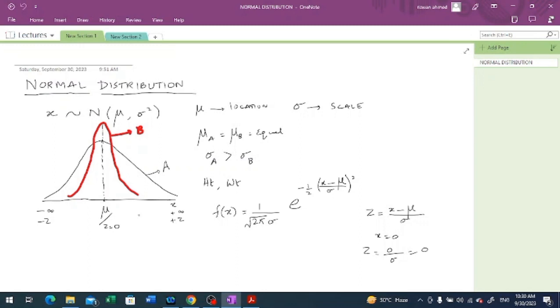Because when we observe heights of individuals, we can observe there are cases of extreme height values as well, along with moderate heights. But as far as representation is concerned, we observe that there is a greater or maximum representation of all the individuals who have height closer to the mean values.